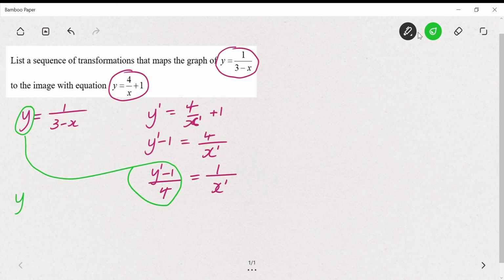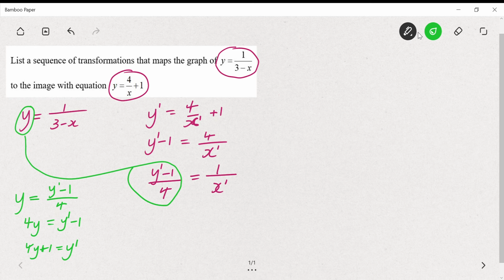So y has become y prime minus 1 over 4, which means I need to rearrange that to figure out what y prime is. So for y equals y prime minus 1 over 4, 4y plus 1 equals y prime.